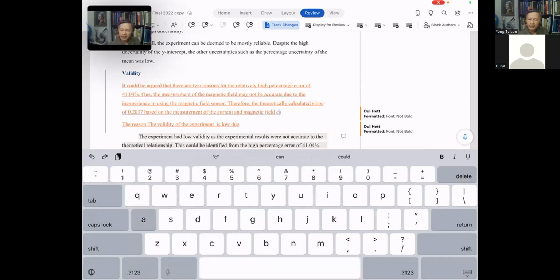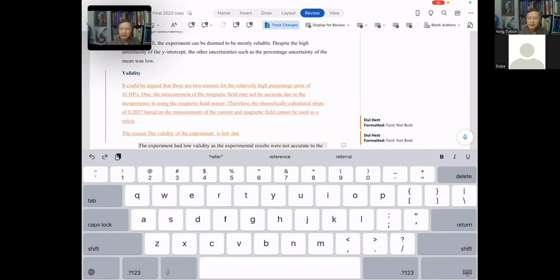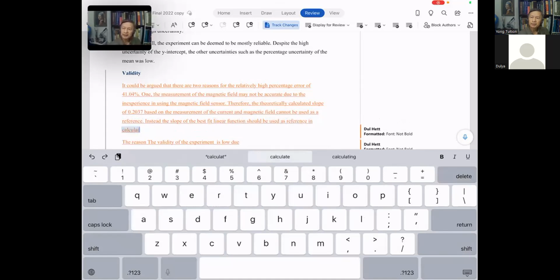It cannot be used as a reference, cannot be used as a standard. Instead, the slope of the best fit linear function should be used as a reference in calculating or in determining the percentage error.